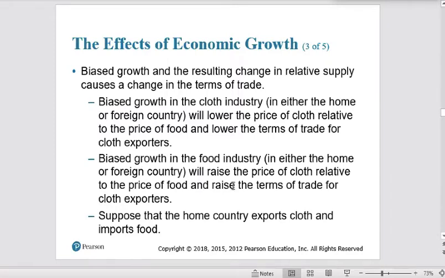So this will increase the price of clothes relative to the price of food and improve the terms of trade for clothes exporters.